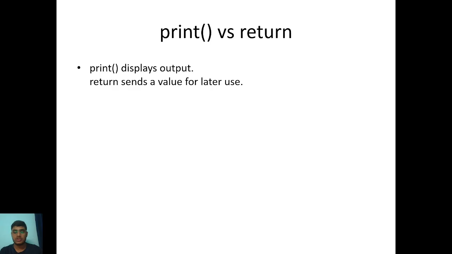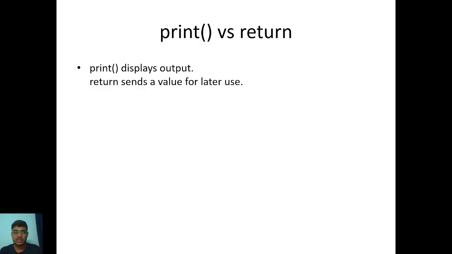The chef does not just show you the meal, he returns it to you so you can enjoy it. Similarly, the return statement sends the result back to the part of the program that called the function.